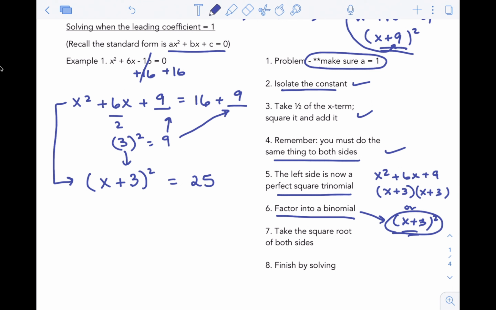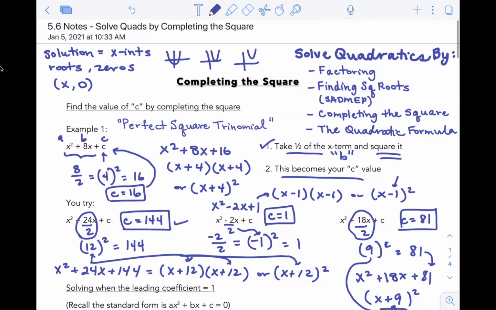See, what I really want you to catch on to, what you've just done is you've done this really weird workaround where instead of factoring, you actually made it into a perfect square trinomial and converted it to vertex form. I'm going to recap that in a minute and really just take it back to what we did in the top.